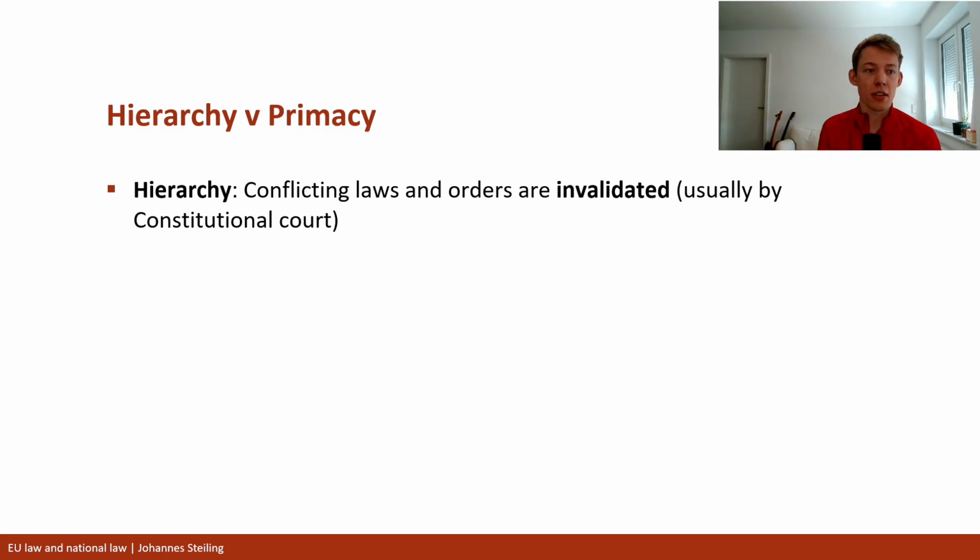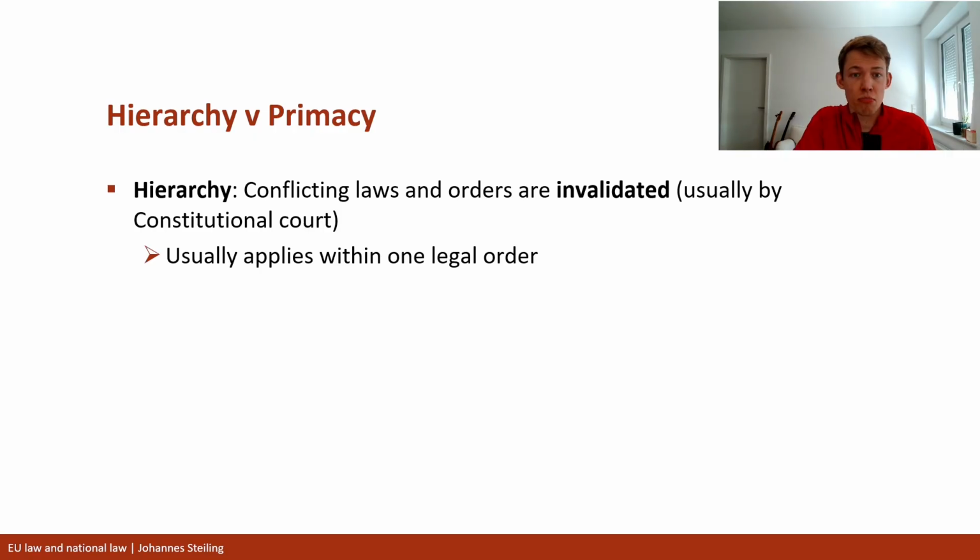Usually this is done by the constitutional court. It might also be able to be done by lower courts, but the law is invalidated. It's no longer valid for no cases, for no cases before administration or courts.